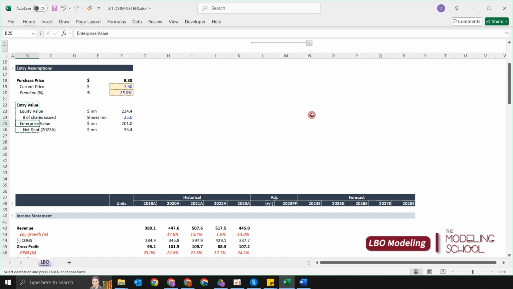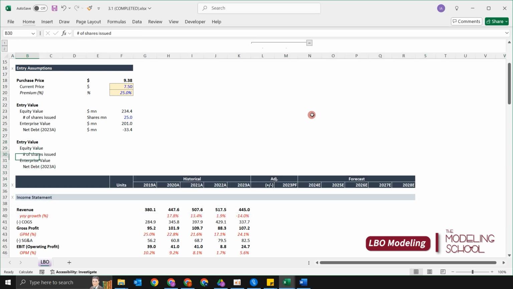And then we can also calculate the entry multiples. The two main multiples that we really want to know are the EV/EBITDA multiple and the price to earnings multiple.